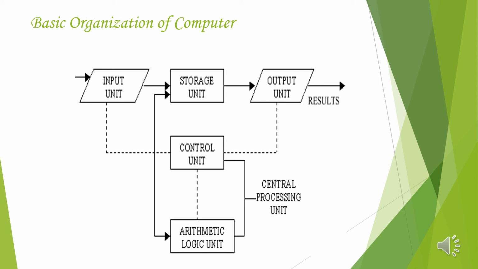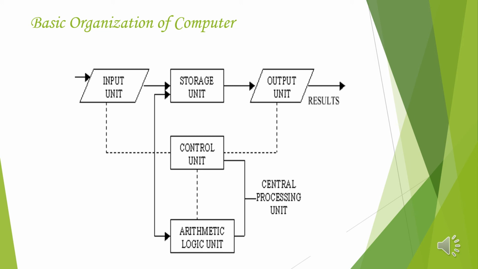Next to your monitor there is a box called the CPU, which is nothing but the central processing unit. In simple words, a computer takes an input from the user, stores it in memory, and provides output to the user. This is the basic organization of a computer, shown in the flowchart in a simple way to understand.